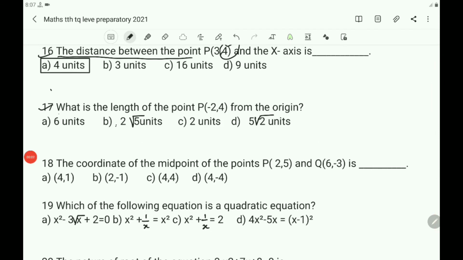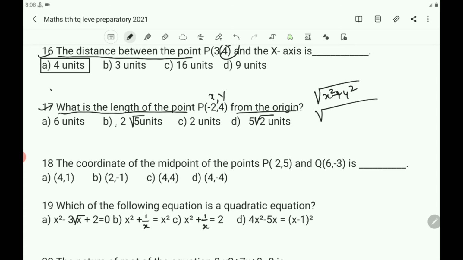Now the 17th question. What is the length of the point P(-2, 4) from the origin? There is a formula to find the distance of a point from the origin, that is the square root of x square plus y square. If you consider these are x1, y1 or x, y, then whole root x square plus y square.